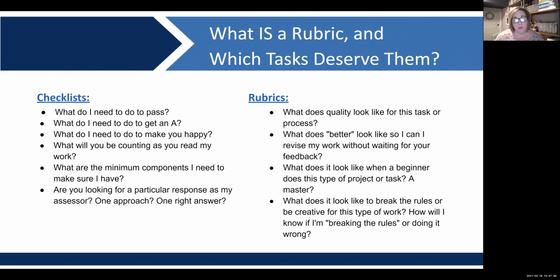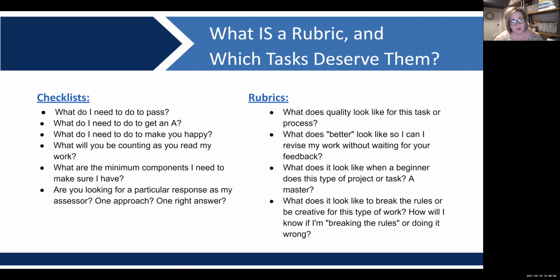If there are minimum components that a learner needs to make sure they have, the checklist will get them there. People often use grammar checklists, conventions checklists to have students do a final review and a line-by-line editing of their work. Are you looking for one particular response as an assessor, or one approach or one right answer? Then a checklist is what you need.